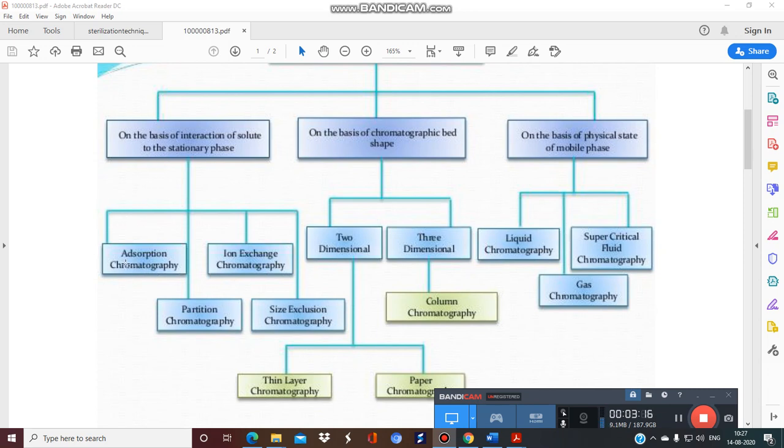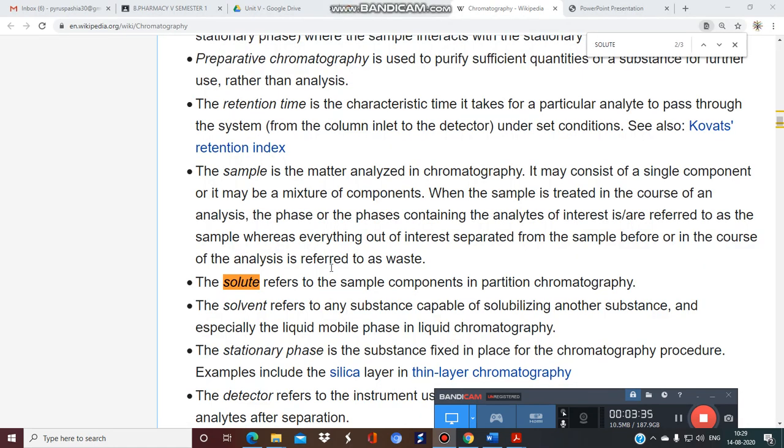Number one is adsorption chromatography, second is partition, third is ion exchange, fourth one is size exclusion chromatography. This classification is based upon the interaction of the solute to the stationary phase. In chromatography, solute refers to the sample components in various principles like adsorption or partition chromatography.